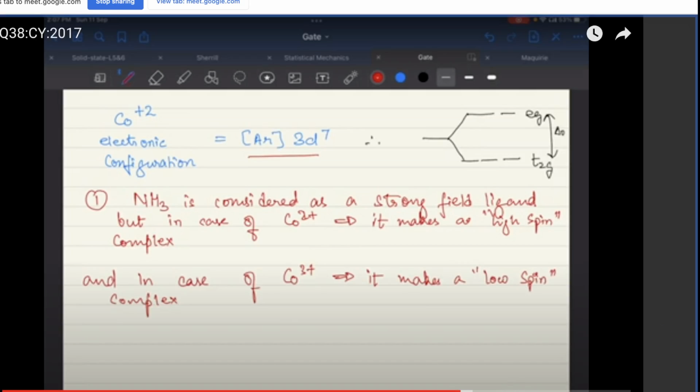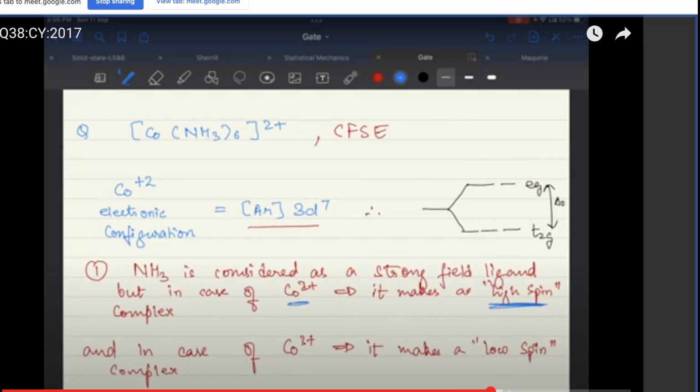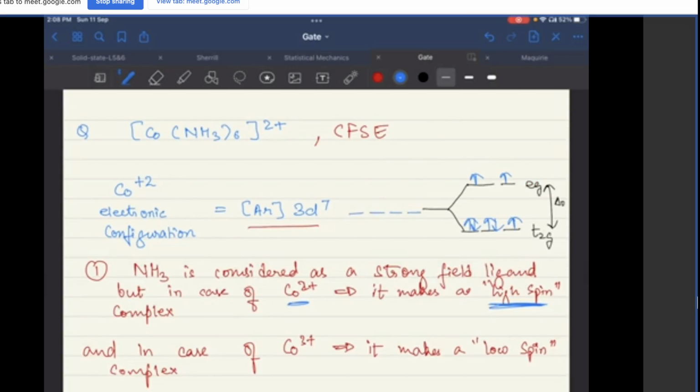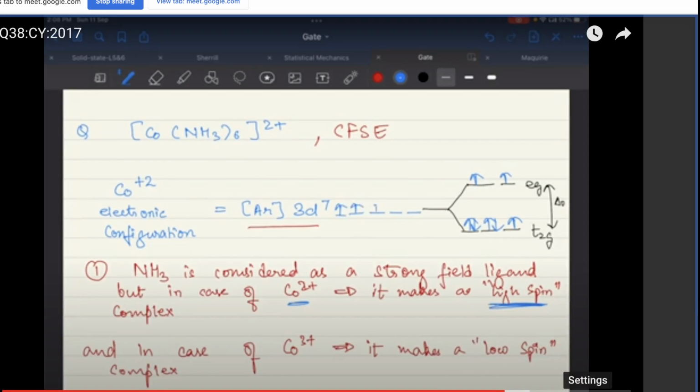The oxidation state of my metal is 2 plus. So this will be 1, 2, 3.